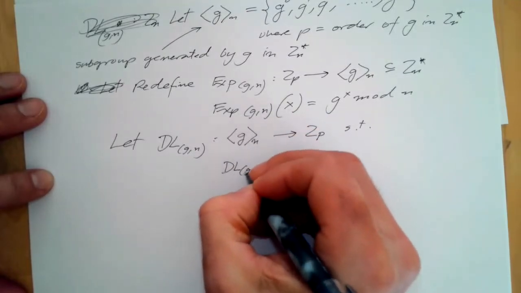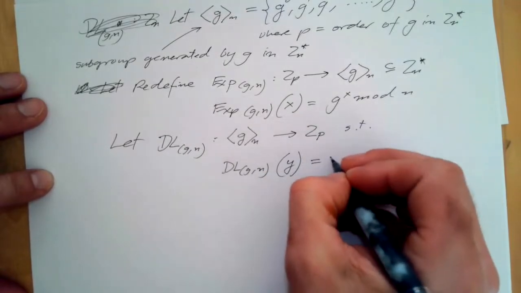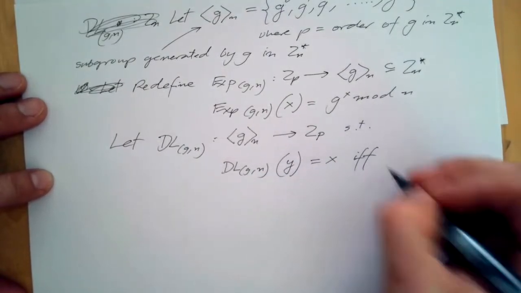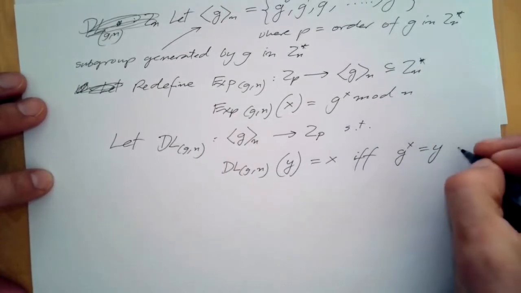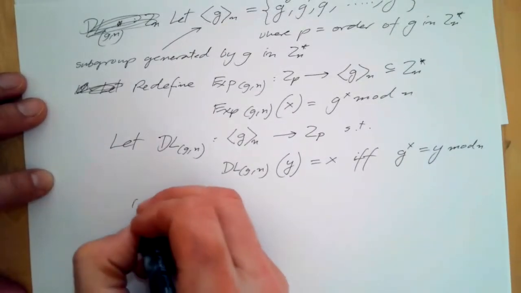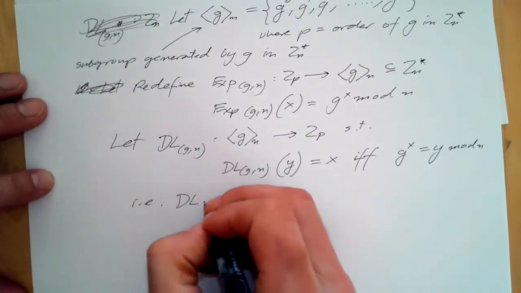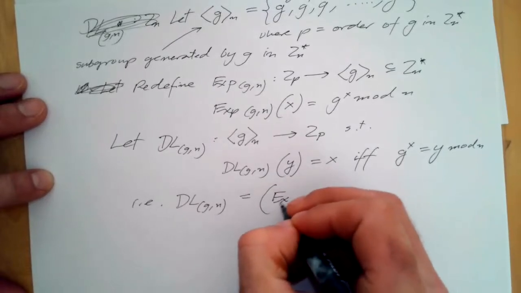Such that the discrete logarithm of value y equals x if and only if g to the x is equal to y mod n, i.e. this discrete logarithm function is an inverse of the exponentiation function.